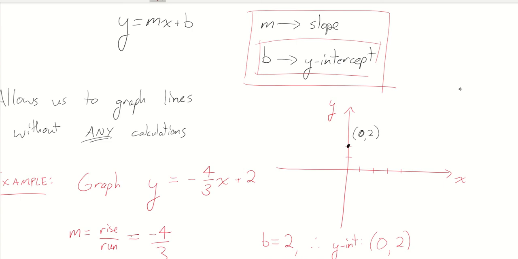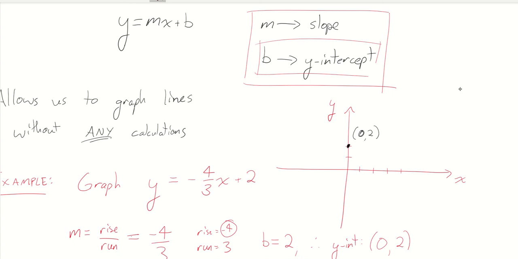Okay, so what is our rise? Slope is rise over run, and our rise over run is -4/3. So we can say our rise is equal to -4, and our run is equal to +3. For a rise of -4, that means that to get another point after this point, we're going to need to go down by 4.